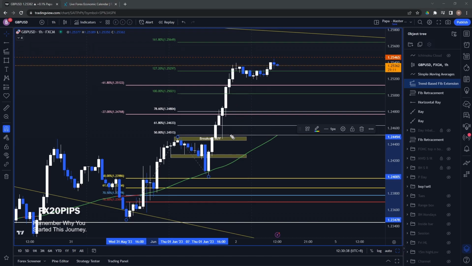So you can see price got stuck around here at this level. If you use the extension 0.1, 0.2, 0.3. Okay, let me just remove some of the things so that you're not confused.